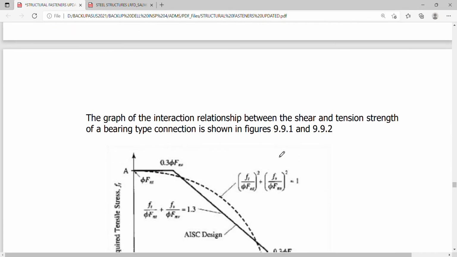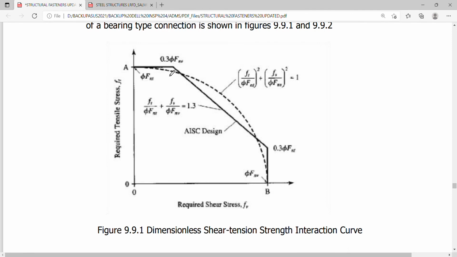So this is now the graph that I'm referring to a while ago, and therefore we can simply state that the point 3 phi Fnv here is actually the limit upon which your interaction equation or line, this is the simpler line, will cease to increase in magnitude.